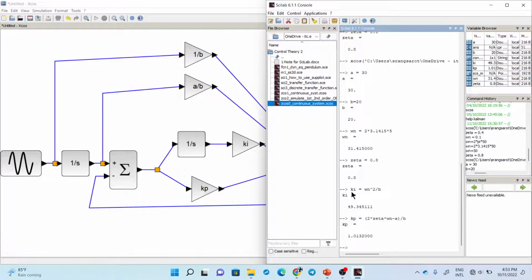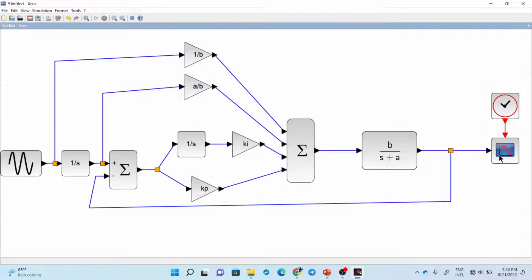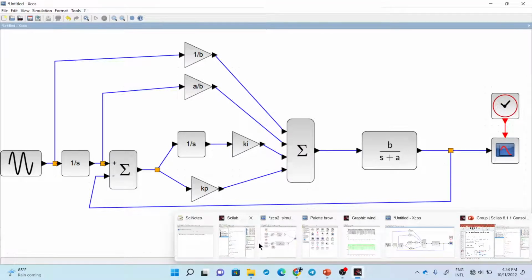Ki omega n square over b, Kp, this one, a little bit smaller. How can I enlarge the font? You want to see it again?